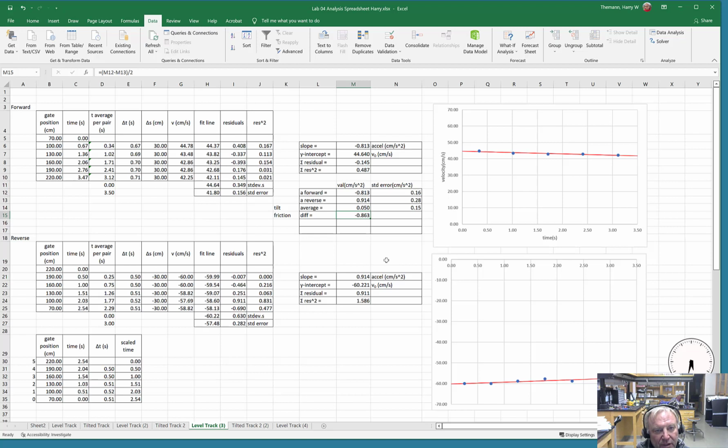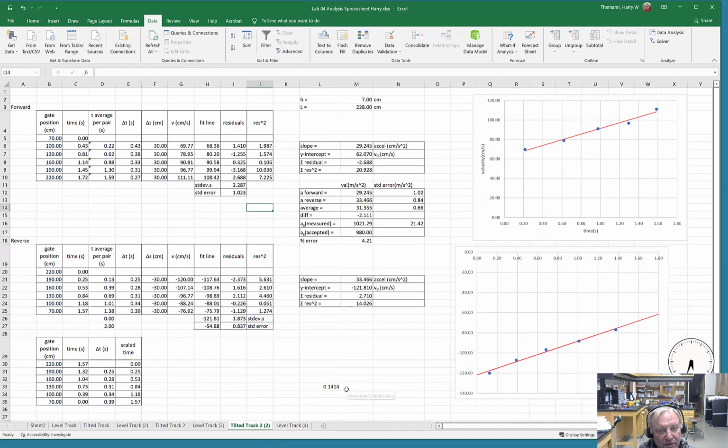But when we're going downhill, so we go from gauge 0 to gauge 5, with the effect of friction, we expect to get something that's less than the acceleration of gravity. And then when we send it up the ramp from gauge 5 to gauge 0, we expect to get an acceleration that's greater than the acceleration of gravity.